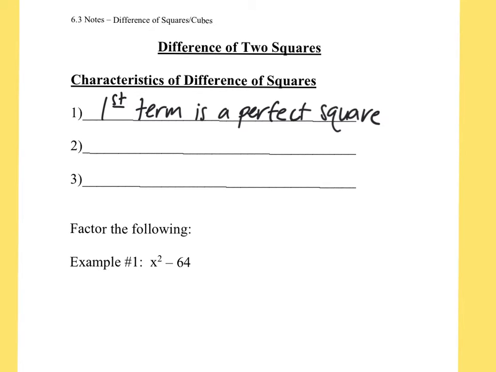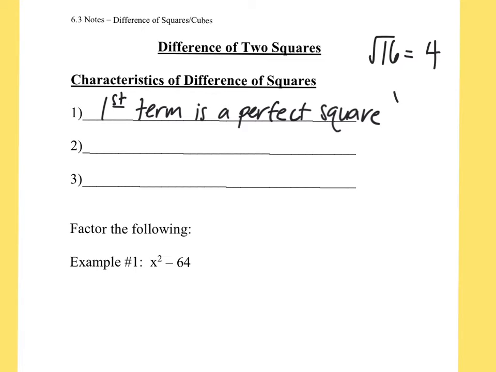Same thing for, let's say that I had 16. Would that be a perfect square? If I take the square root of it, do I get a whole number? What would it be? 4. Yep, 4 times 4 is 16.